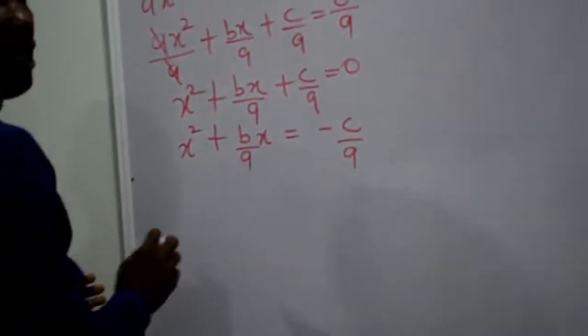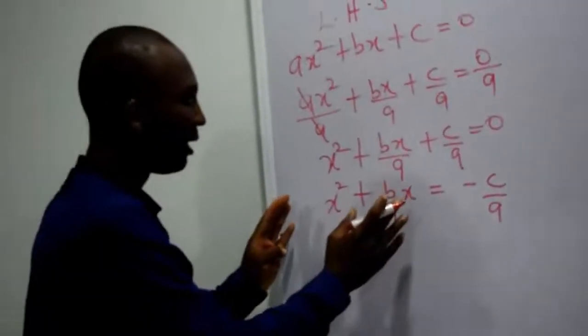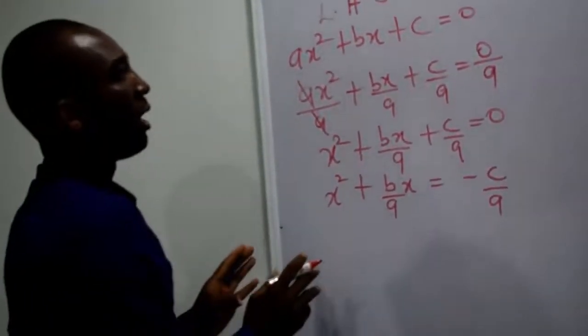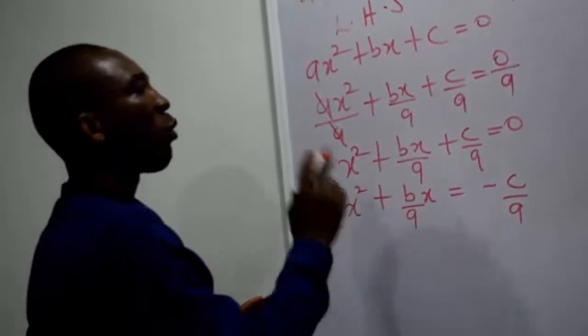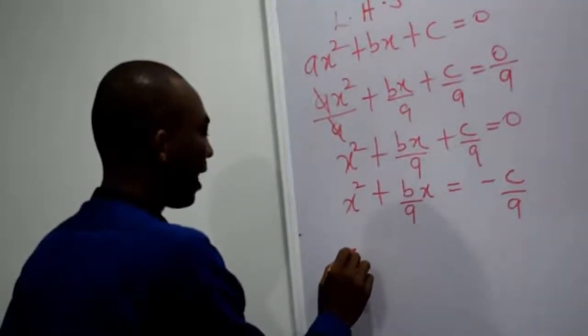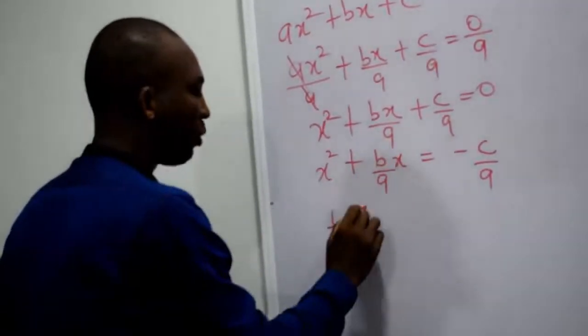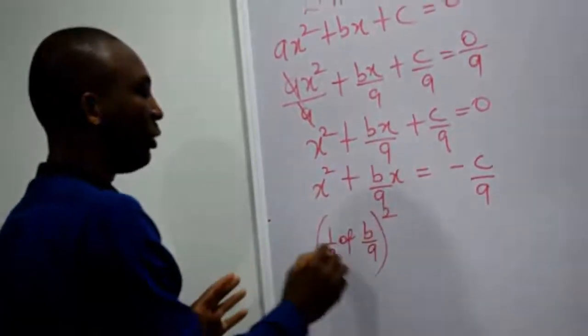Now you want to see how to make this left hand side a perfect square. Remember, for a perfect square, you are looking for half of the coefficient of x. That is half of the coefficient of x, which is b over a, and square everything and add it to both sides.